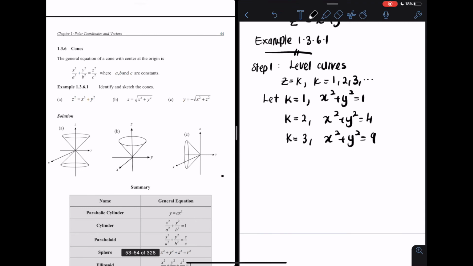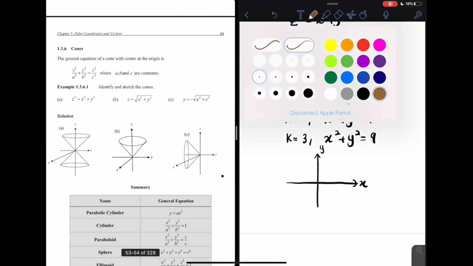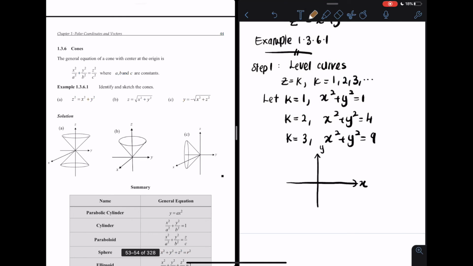So when you have to illustrate this level curve on the xy plane, you will end up having families of circles. When you look at this surface from the z direction, you end up having families of circles.